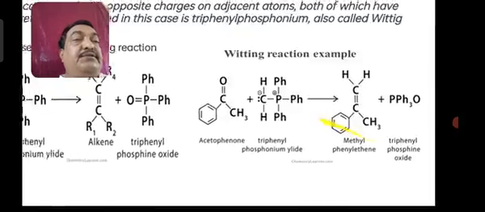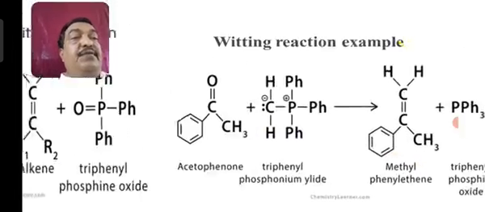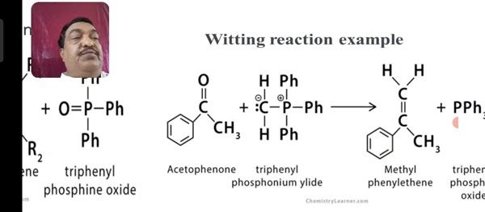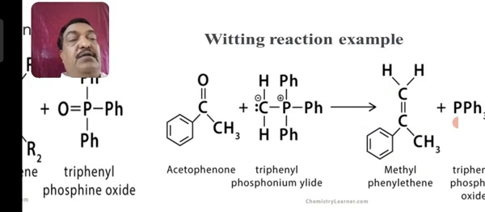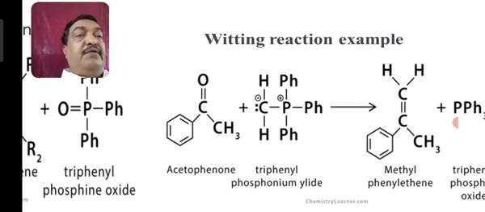Now let us check with an example. Acetophenone, benzaldehyde or acetaldehyde, any one; for a better example I have taken acetophenone. Acetophenone is treated with triphenyl phosphonium ylide, that is carbon with a negative charge with two protons on it and phosphorus with a plus charge having three phenyl groups.